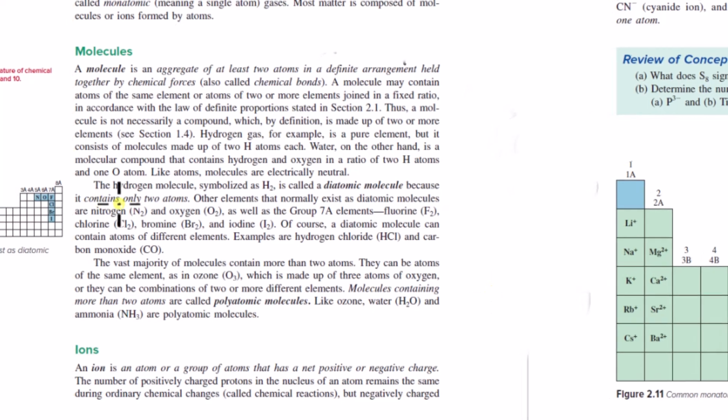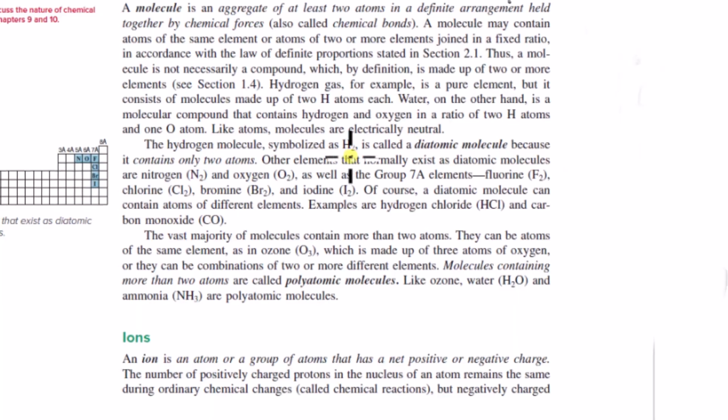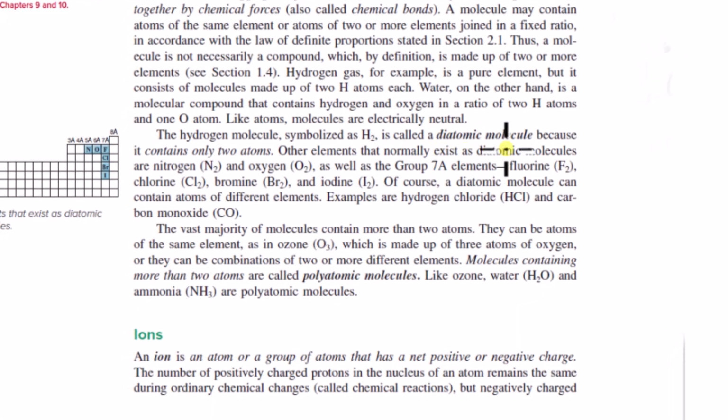Okay, the hydrogen molecule, symbolized as H2, is called a diatomic molecule because it contains only two atoms. Other elements that normally exist as diatomic molecules are nitrogen and oxygen, as well as the halogens, the second to last group: fluorine, chlorine, bromine, and iodine. Of course, a diatomic molecule can contain atoms of different elements, for example, hydrogen chloride and carbon monoxide.